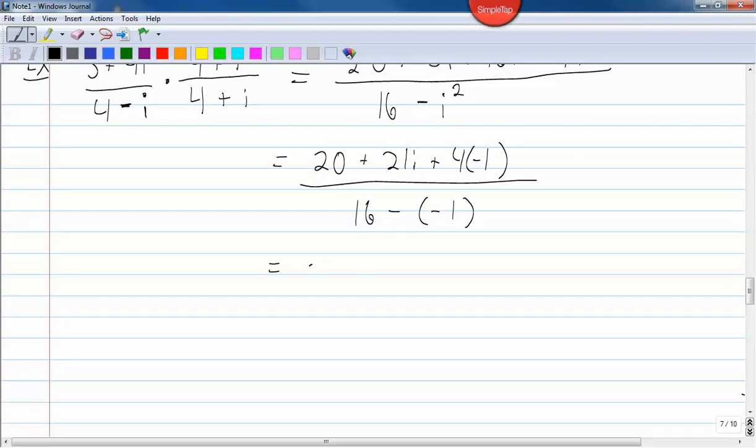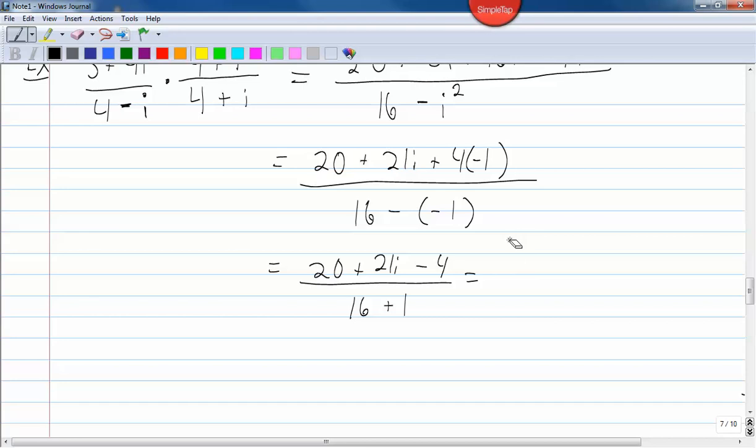Alright, so that's going to be 20 plus 21i minus 4 over 16 plus 1. Right? It's a -1 times a +4, so that's minus 4. This is minus -1, so that's plus 1.